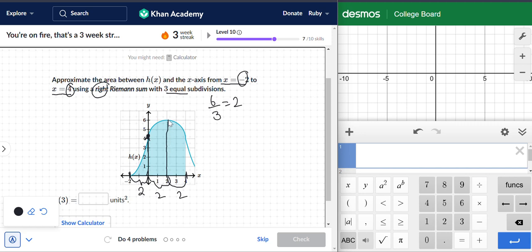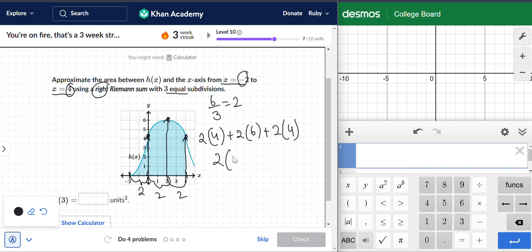The rightmost point of this subdivision is over here, and the rightmost point of the last subdivision is this. Okay, so let's start. 2 times the first 4 plus 2 times 6 plus 2 times 4.